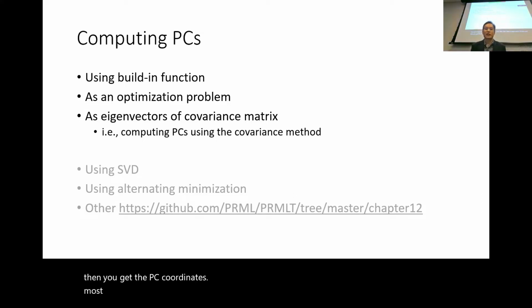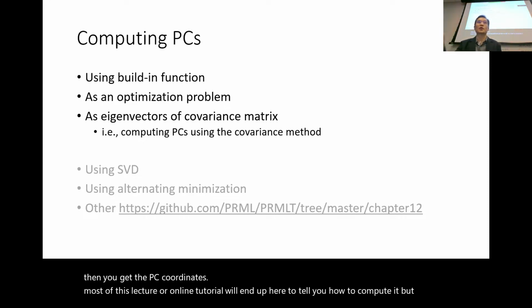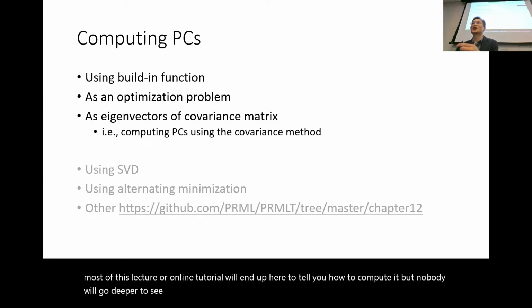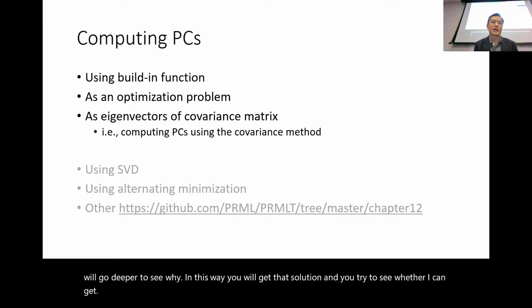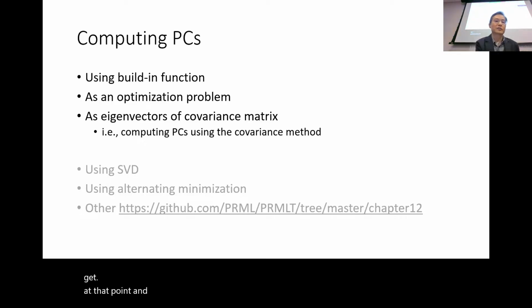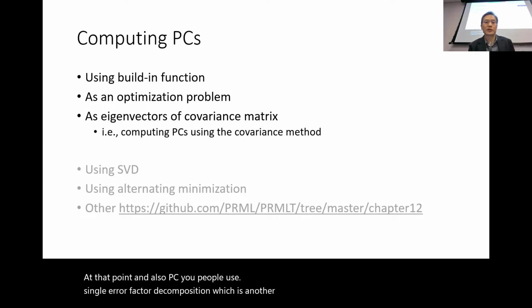Most lectures or online tutorials will end up here to tell you how to compute it, but nobody will go deeper to see why in this way you will get that solution. I will try to get at that point. And also for PCA, people use SVD, singular value decomposition, which is another way to do it. SVD is so powerful.